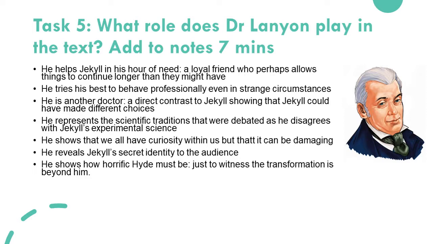So he was dead within 2 weeks of witnessing Mr. Hyde after helping his friend Dr. Jekyll regain his true form. So he is a very significant character, and do bear in mind that in chapter 6 we have key moment, I think it's key moment 3, in your key moments grid, which is his transformation.